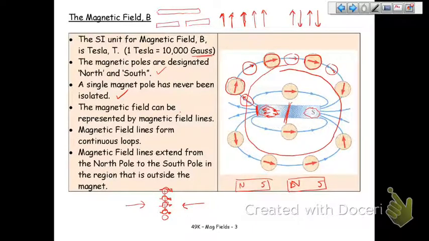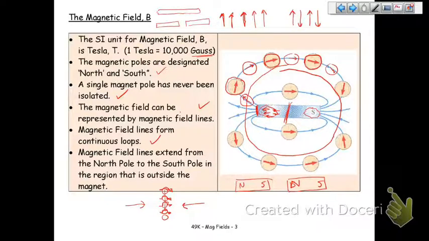So, what we say is magnetic field can be represented by magnetic field lines, just like electrostatic field lines can be. Magnetic field lines form continuous loops. They didn't in electrostatics. Well, hold on. They seem to be starting and ending here. That's because my diagram's not too great.